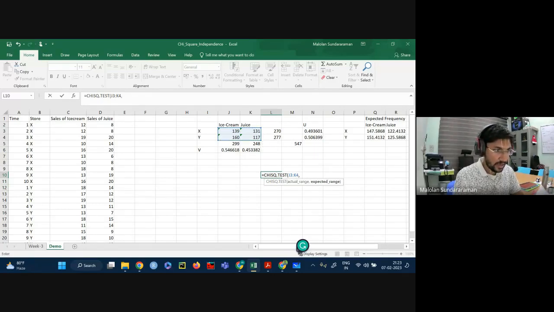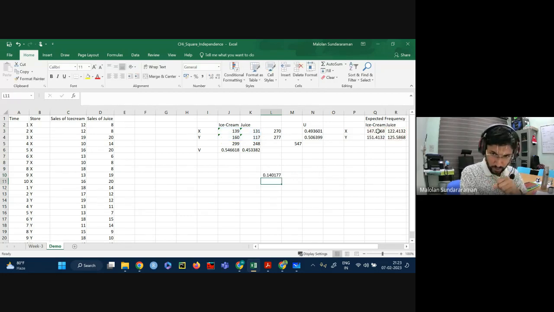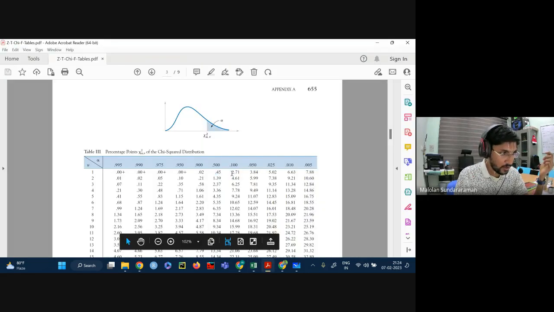Then it will ask you the expected range, which is the expected values. Once you input the two, you will get 0.14, which is the p-value. So 0.14, which aligns with your table.